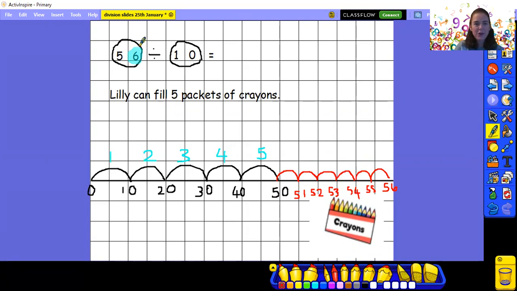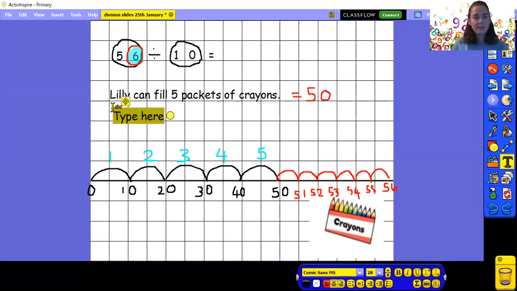And actually, if we look at our tens and ones, we know that 50 is made up of 5 tens. And if we want 56, we've got 6 ones. So we had 5 packs of 10, which equals 50 crayons. And then we needed to add our 6 more. So our sentence to answer that question would be, Lily has 6 crayons left over.